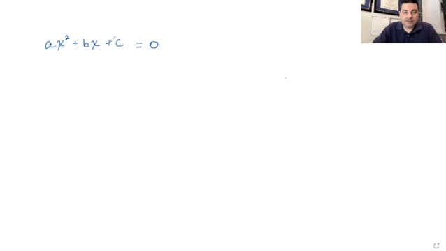So what they decided to do, decades and centuries ago, was to solve this equation in terms of a, b, and c, so that you have x equals some kind of formula with a, b, and c in it.